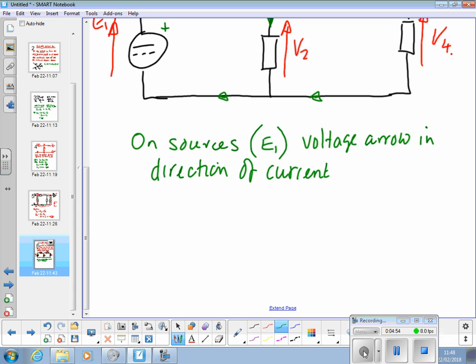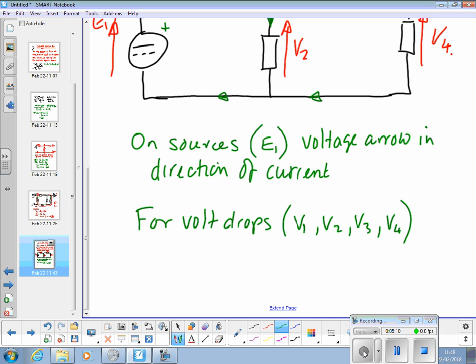For volt drops, V1, V2, V3, V4 in the case of this circuit, the voltage arrows point opposite to the current flowing through.